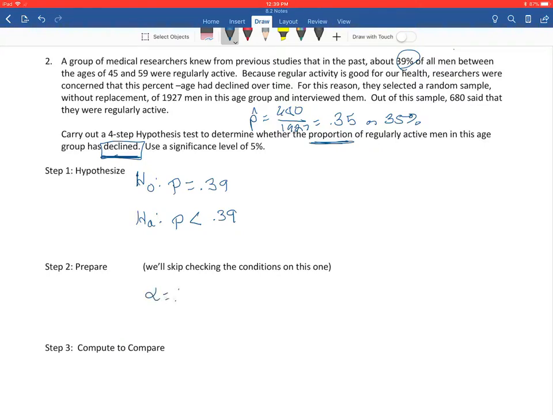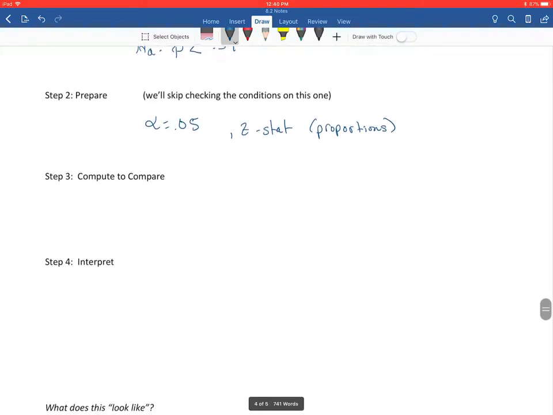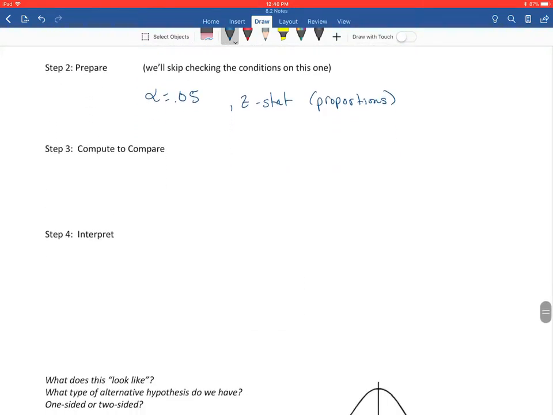Okay, so we're going to skip checking our conditions, but we do need to write down at least that the alpha value that we're going to use is 0.05 and that we are calculating a Z statistic here because, again, these are proportions. It tells us which test to run.